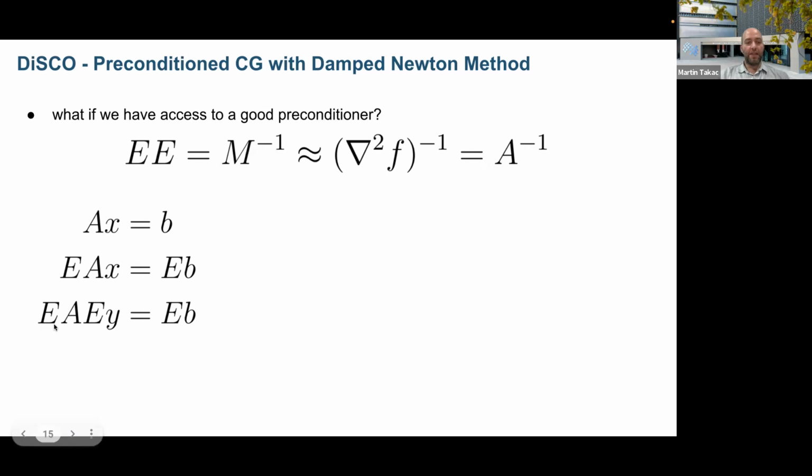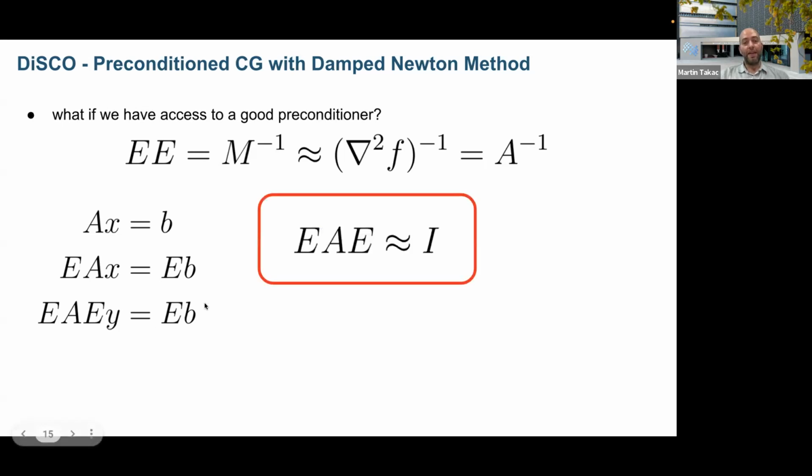Again, my matrix here will still be positive definite and symmetric. Also, the right-hand side is just some vector, that's fine. But we are hoping that if this M was good enough, somehow equal to the Hessian, then my EAE will be the same as the identity. And therefore, if I want to use CG for this problem, I need only one single step. Again, I will not really have this M equal to the Hessian, but maybe it can be very close to the Hessian. And therefore, I will need only a few CG steps.